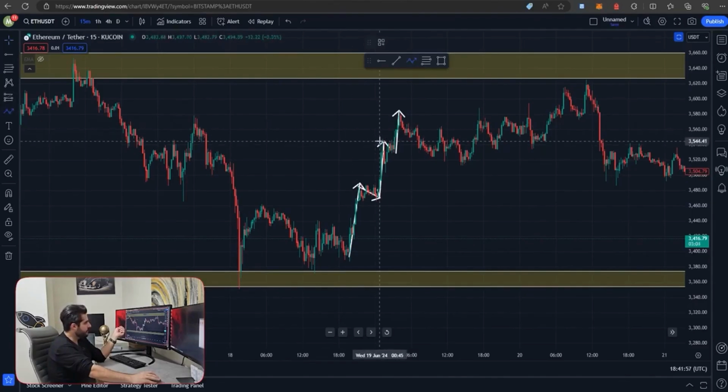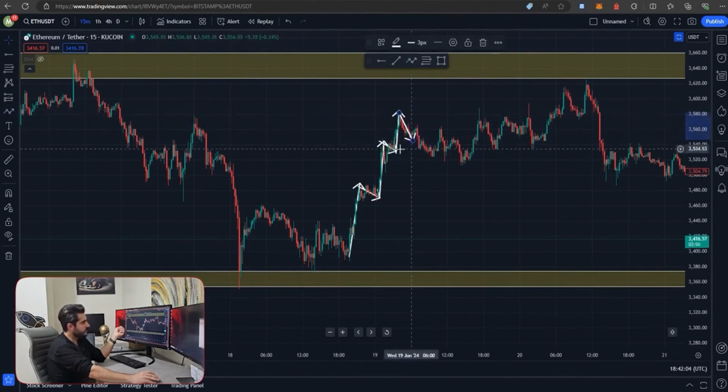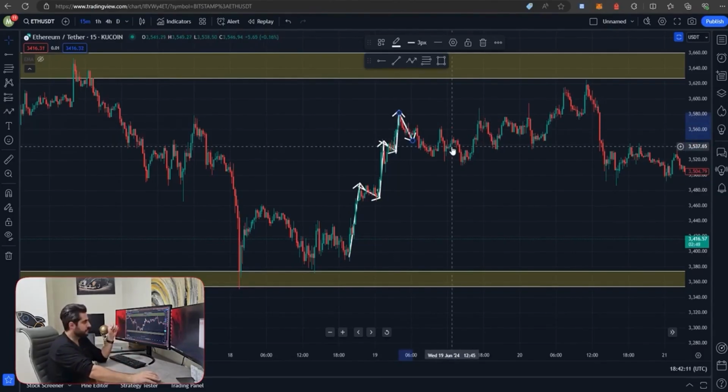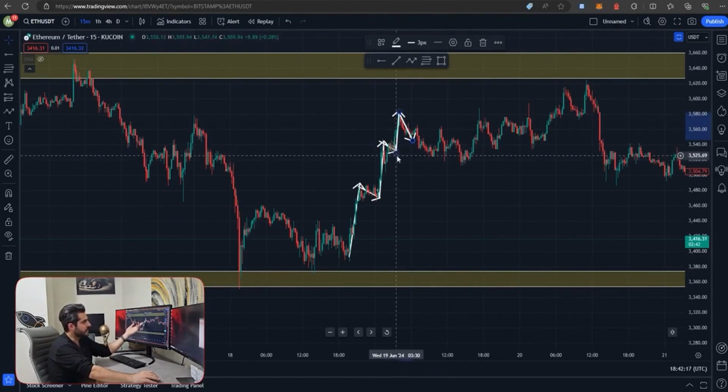I check the first one, then the second, and the slopes are identical. In my third correction, the slope increases. Meaning, around here, I can see that power is gradually shifting to the sellers as well. But guys, the trend reversal isn't here yet. The low that led to the highest high, this low must break for me to say a trend reversal has occurred. It's this low.